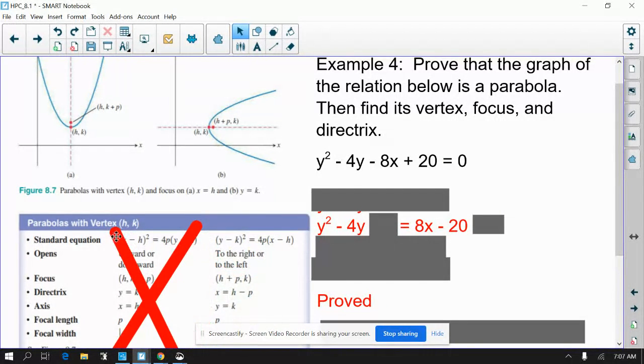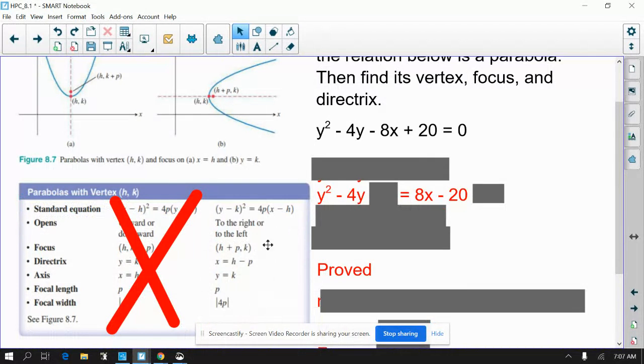So I'm not using that. I'm focusing all on this. And what do I do here? Well, here we actually complete the square. This is the practice that we're going to use. Completing the square is more common in the later sections, but we're going to use it right here.